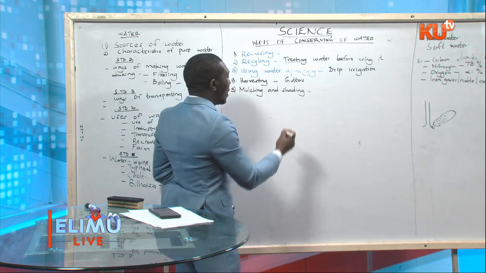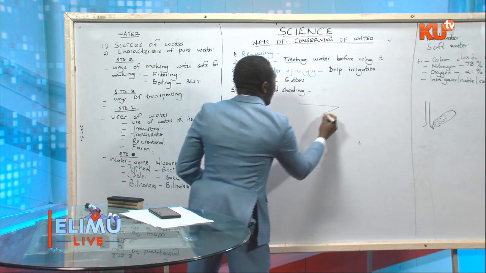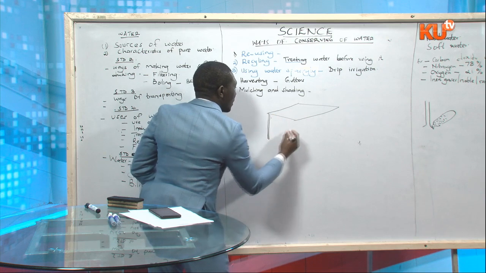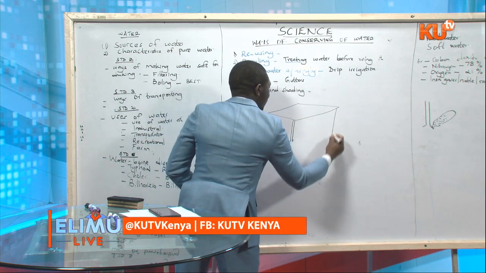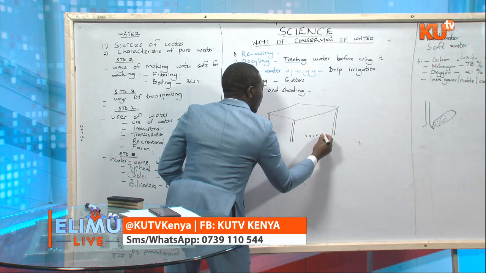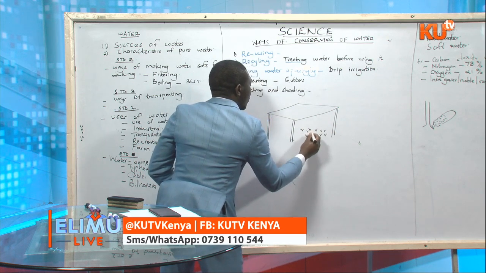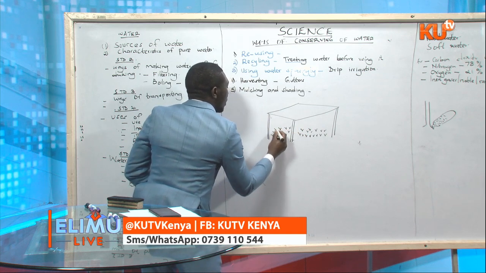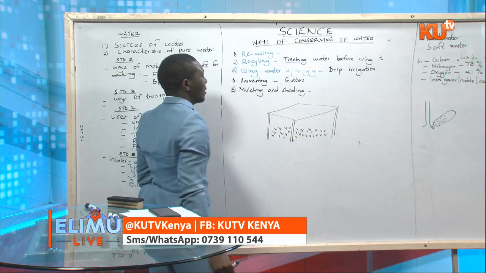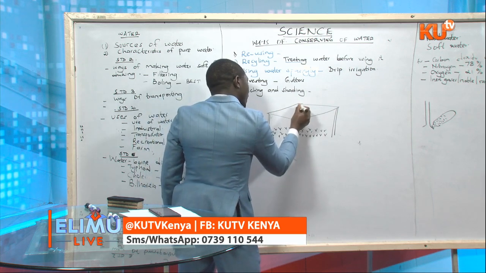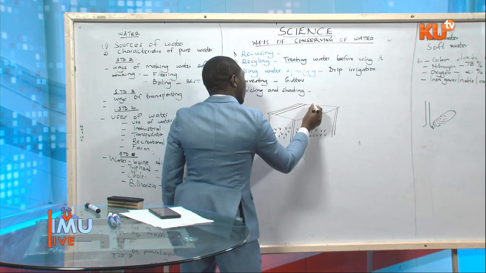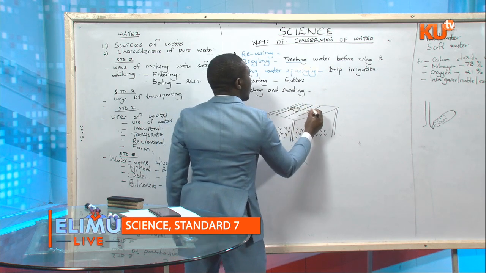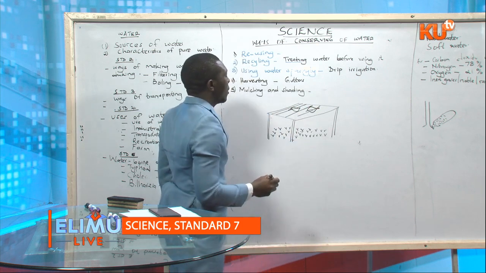Shades are made over a nursery bed. A nursery bed is also called a seedling bed. So if this is a seed bed or a nursery bed where you have planted some things here, maybe black nightshade, which is known as managu, or the seedlings of cabbage, or the seedlings of any plant, and you want to prevent sunlight or heavy rainfall from reaching it, you can apply dry leaves, or banana leaves, on top of this.